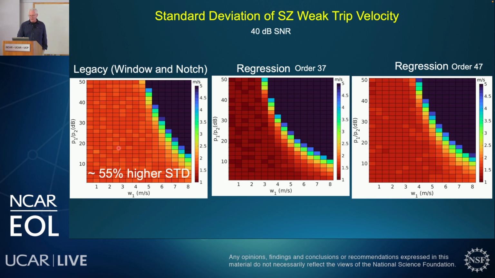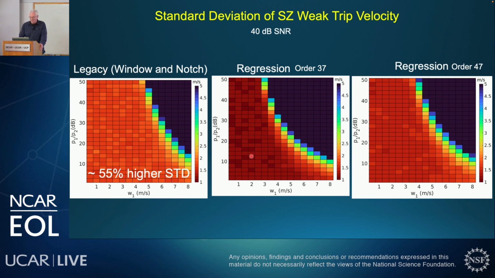If you do this with the window and notch technique to get rid of them, the important thing is that they use a Hamming window on the data, and they throw away 4.9 dB of the signal. If you use a regression filter, you can avoid that. And this is for an order 37 filter to eliminate that strong trip echo.